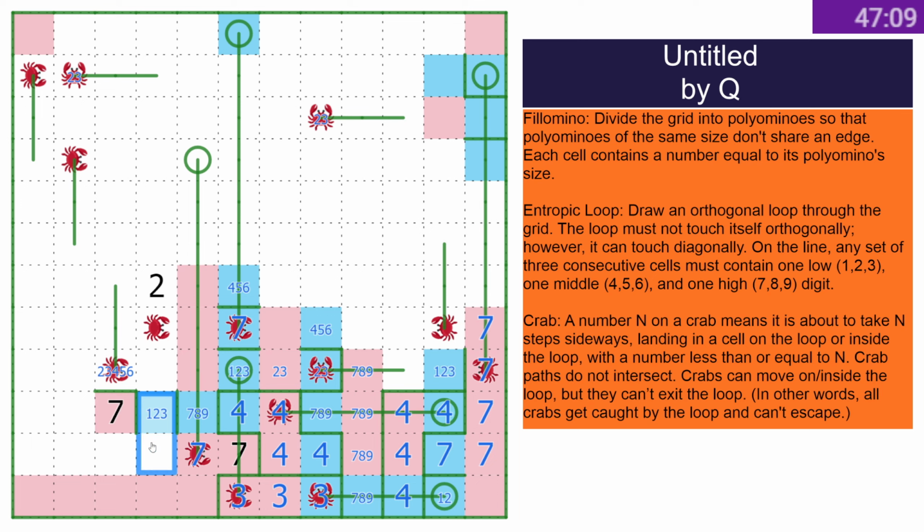So if this crab moves down, the loop moves down. Therefore, that's quite a big number. It doesn't even have to be an 8. In fact, it's getting cut off by the 7 anyway, because if the loop comes down, then this 4, 5, and 6, which will take some of these cells, cuts this one off and forces it upwards.